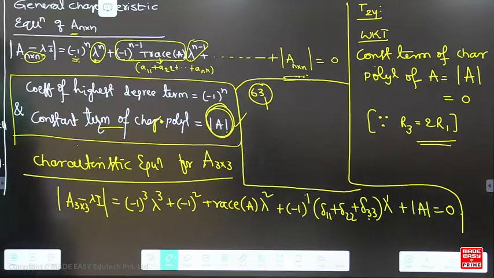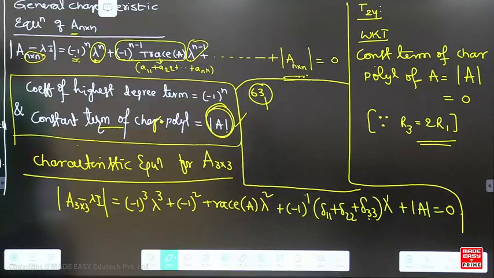According to the option, he is asking for the determinant. But we all know that the determinant is given by the constant term in the characteristic polynomial. The constant term is c naught.